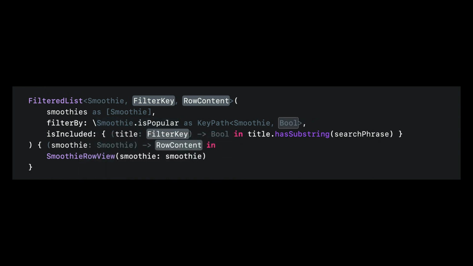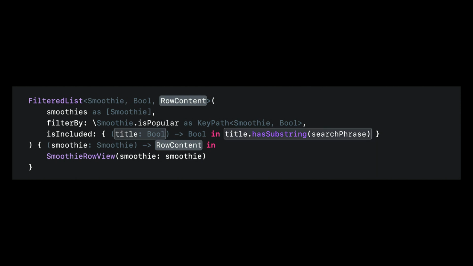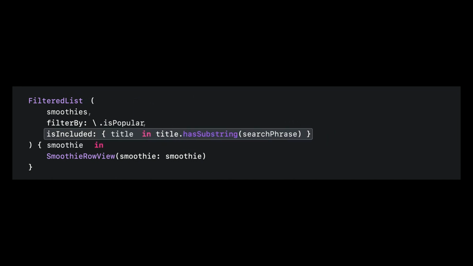Then, it would continue to fill in the other filter key placeholders with that same incorrect type. Now, if we look at how this Bool type is used in the isIncluded closure, it's clear that this piece doesn't fit because Bool doesn't have any method called hasSubstring. So, the compiler needs to report what went wrong.